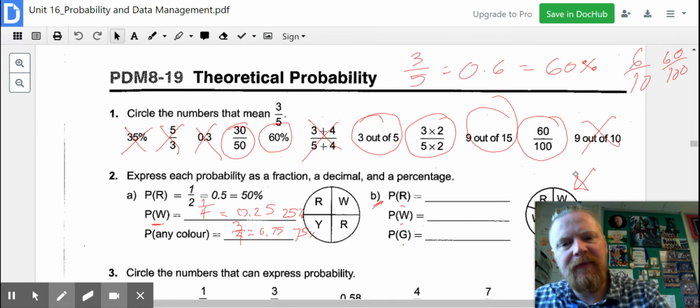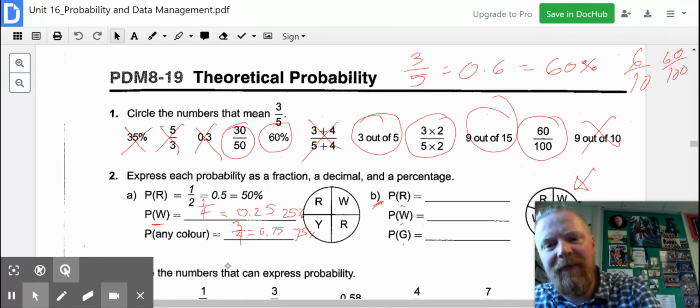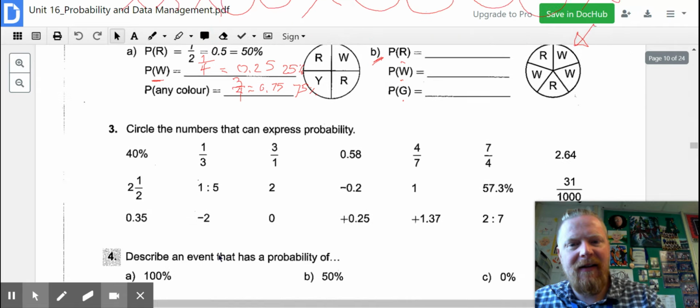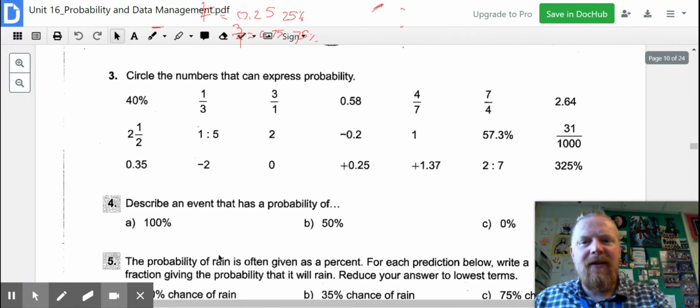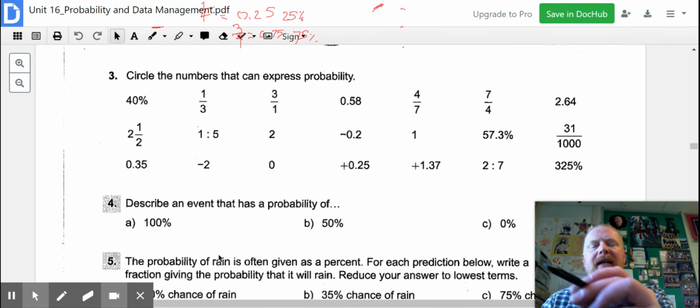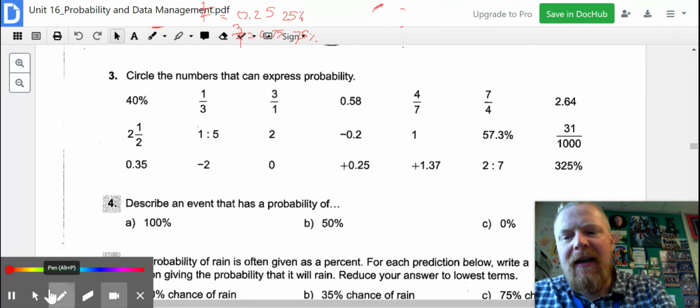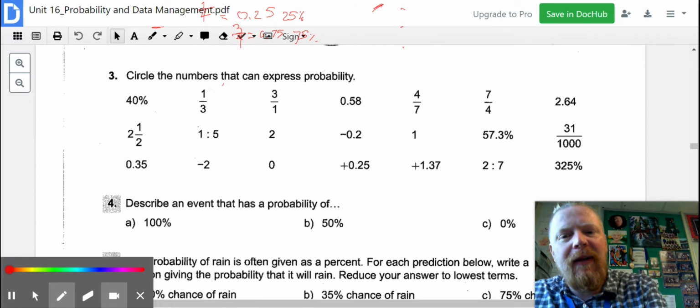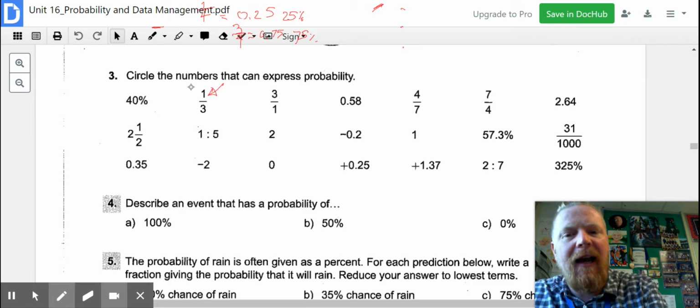Okay? Let's take a look at number 3. Circle the numbers that can express a probability. Now, if the top number is the chance that something can happen and the bottom number is the total possible number of outcomes, that can be a probability.